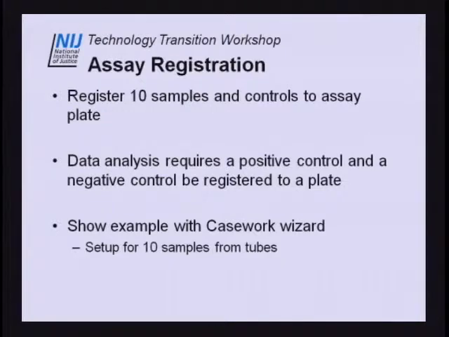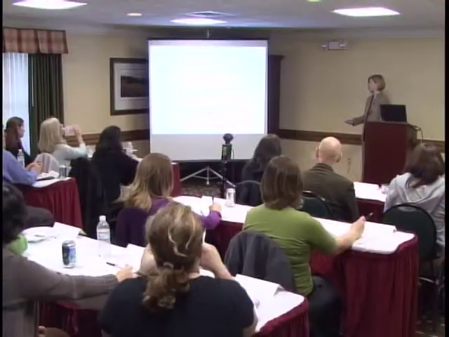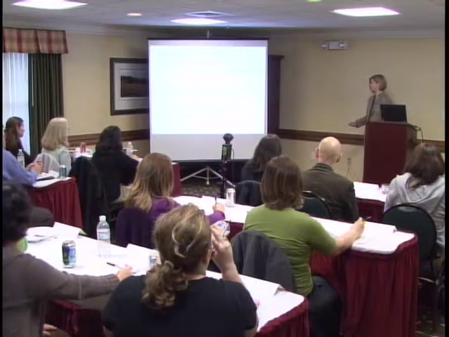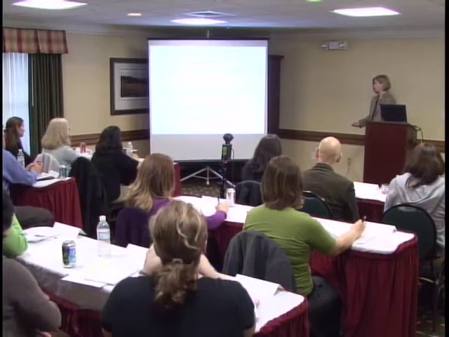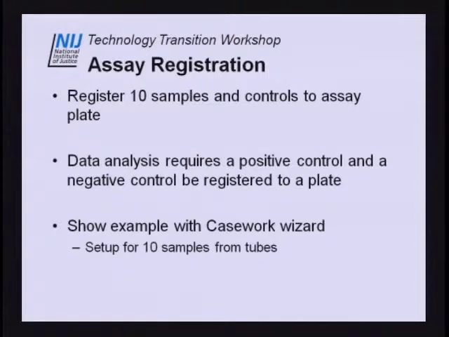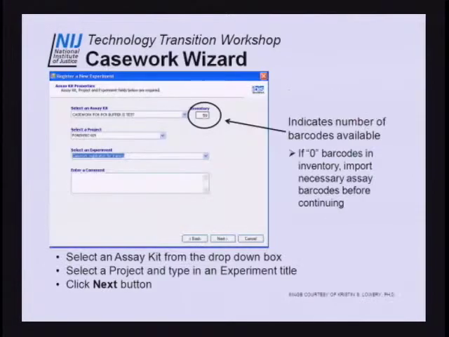As we've emphasized throughout the day, when you register an assay, you register 10 samples and a positive and negative PCR control. The data analysis actually looks for the positive control and negative control and makes some judgments about the quality of the plate based on these. Following slides will show an example with the Casework wizard, which you'll get hands-on experience with tomorrow, setting up 10 samples from tubes.